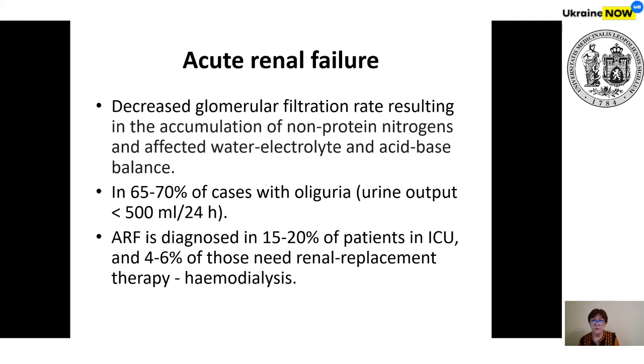We say oliguria when urine output is less than 500 ml per 24 hours, and anuria when it's less than 50. Acute renal failure is diagnosed in 15–20% of patients in the intensive care unit, and about 5% of those need renal replacement therapy, hemodialysis.